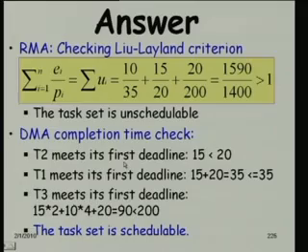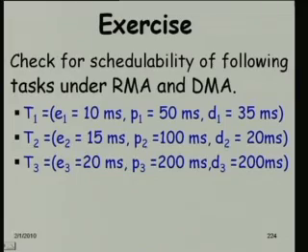See here one thing is, according to the rate monotonic algorithm, T1 has higher priority compared to T2, isn't it, because of their periods.